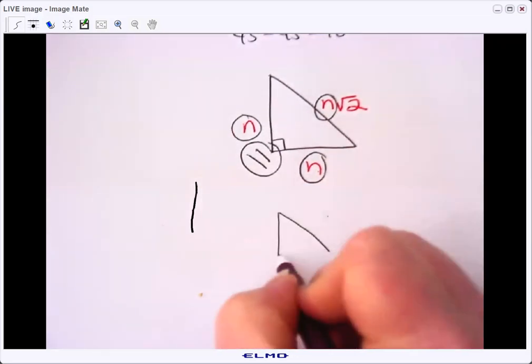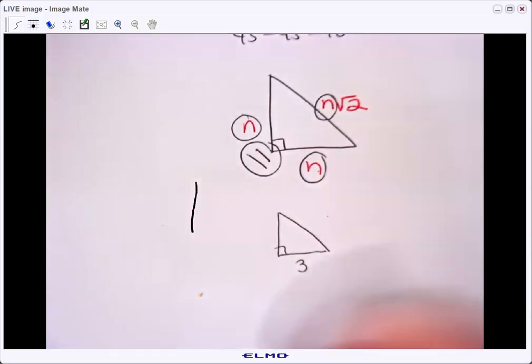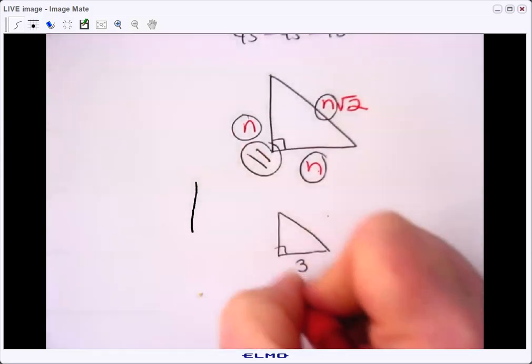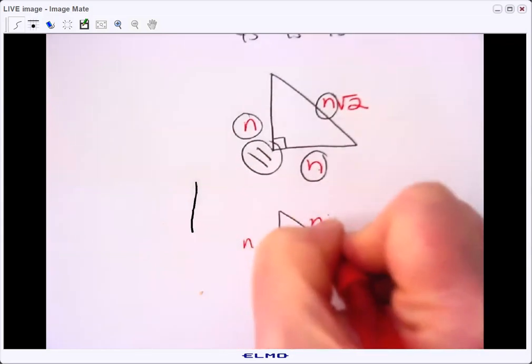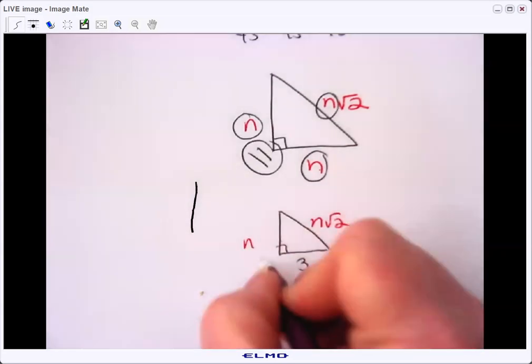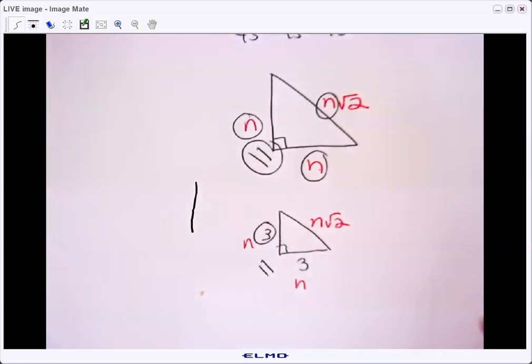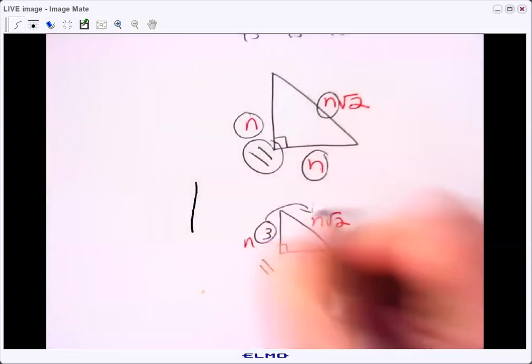So let's do a quick one over here. If this side is 3, what is this other leg going to be? It's 3. They're equal. So how do I find the hypotenuse?